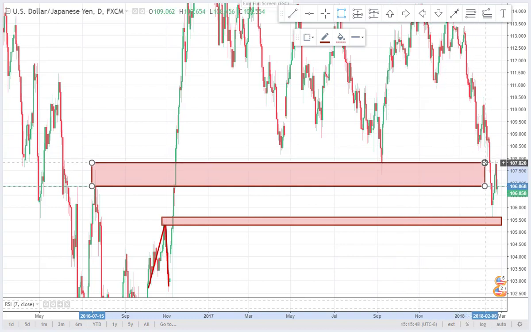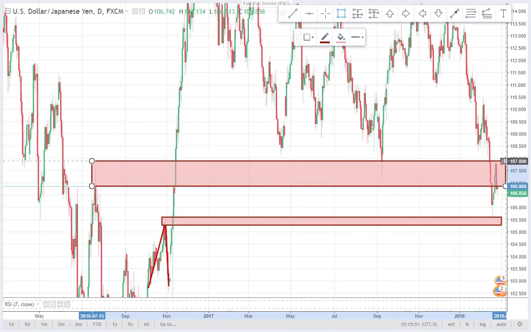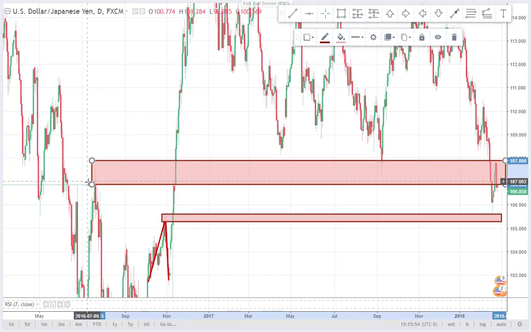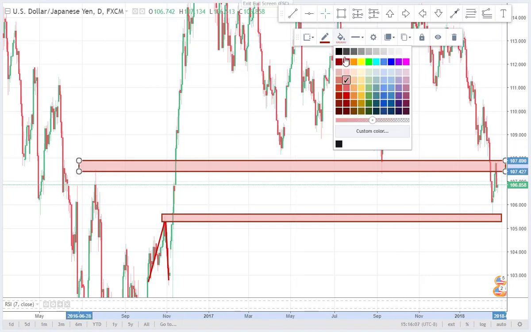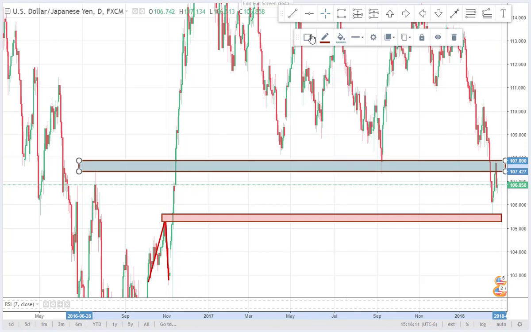Let me narrow it down. You see that we have quite a level, not so far from where price just resisted. And let me try to change the color.